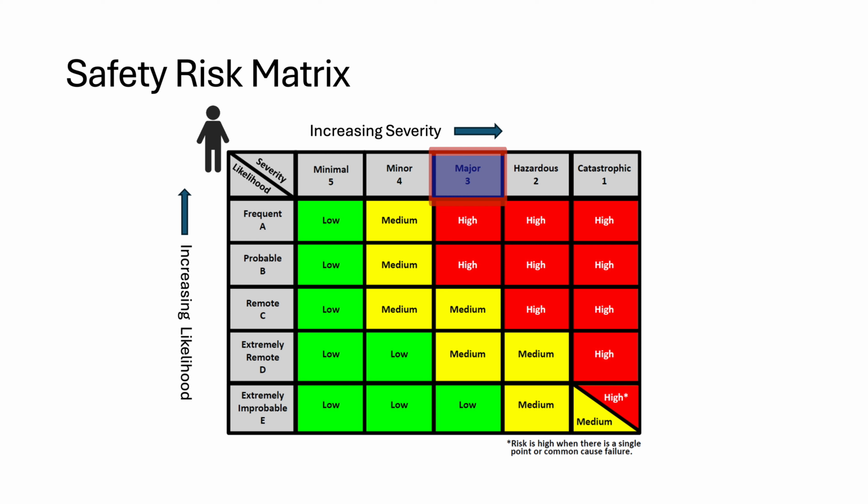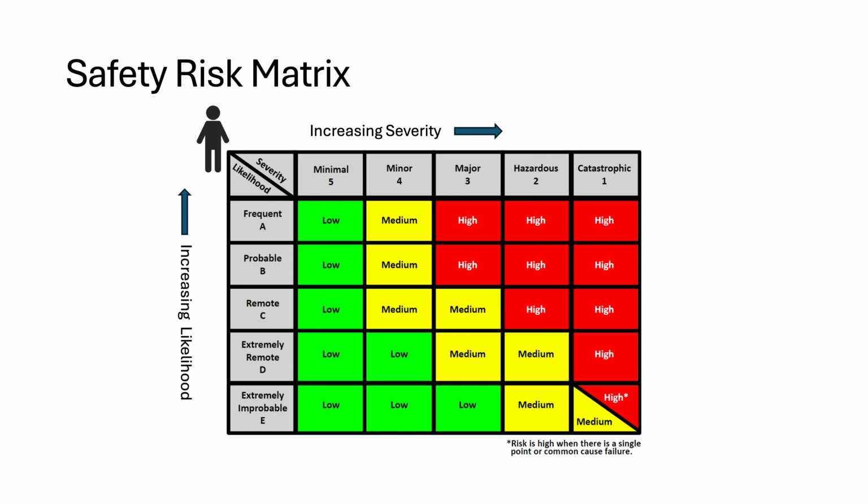Major: causes significant injury, system damage, or operational delays. Minor: leads to minor injuries, system degradation, or manageable disruptions. Minimal: results in negligible harm or inconvenience. This scale forms the second axis of the matrix, reflecting the consequences of the hazard.